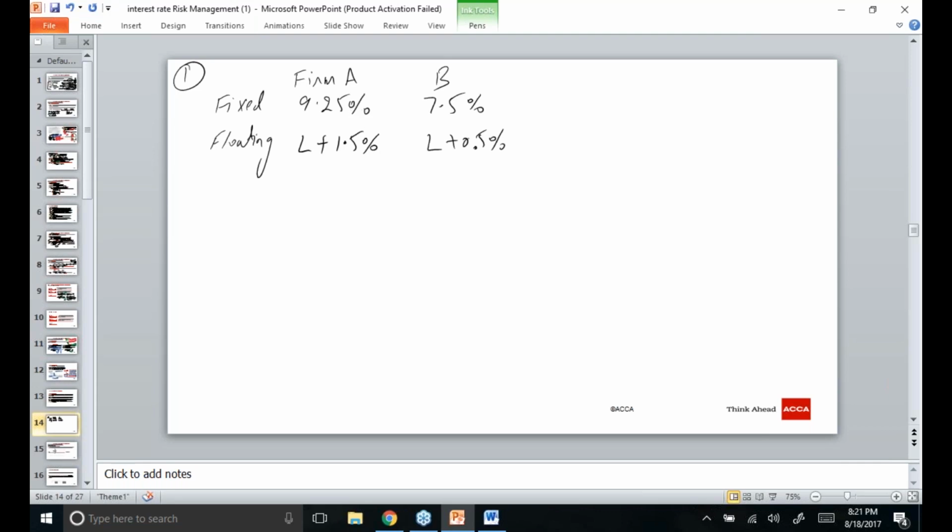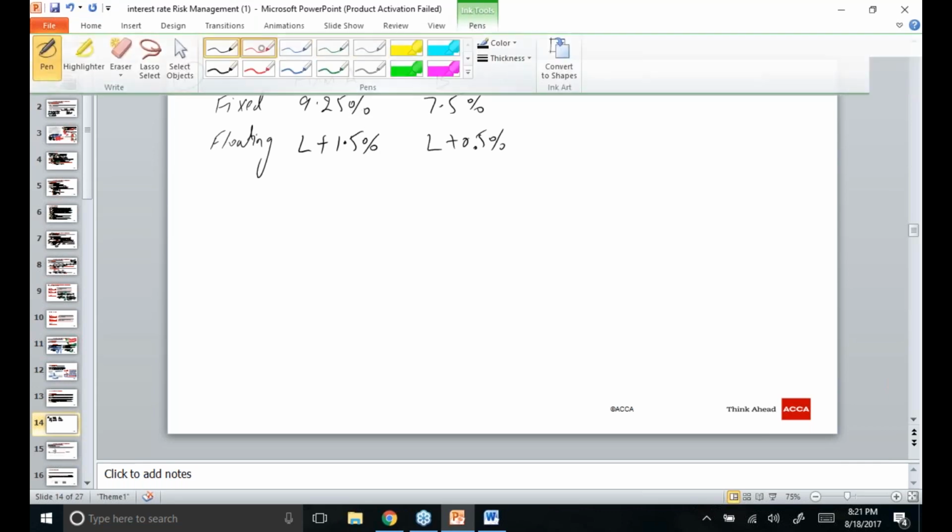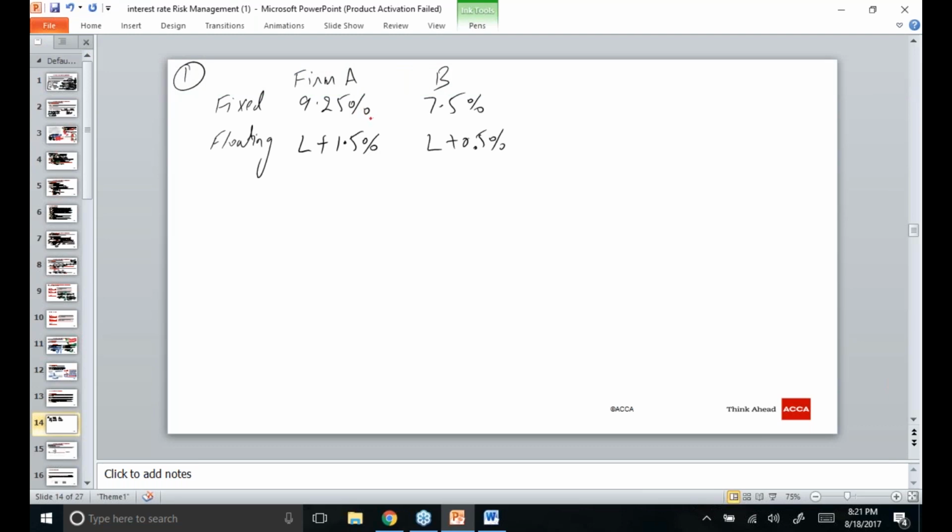One contract will be like this. Sorry, A company borrows at fixed and B company at floating. It will have a total cost of LIBOR plus 9.75.